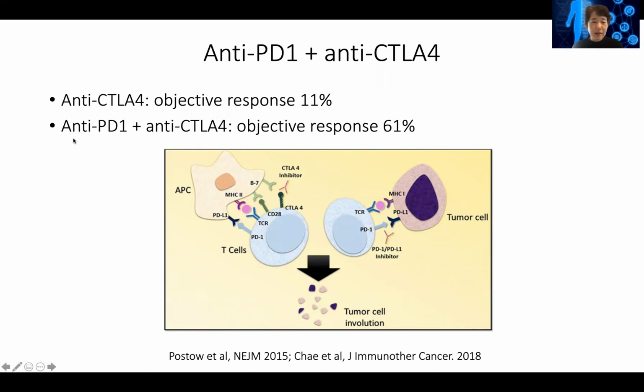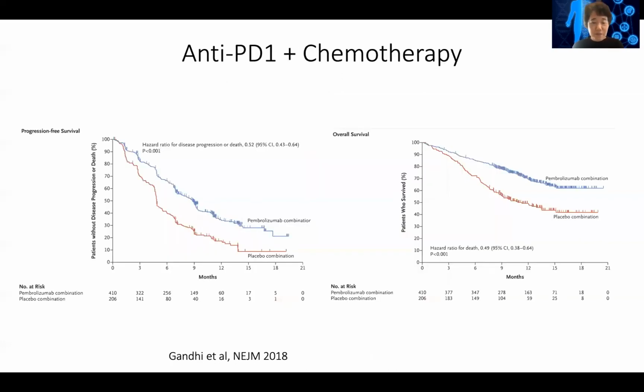But when you combine PD-1 with CTLA-4 together, two drugs, the response rate is 61%, much, much better. Because CTLA-4 and PD-1 are complementary mechanisms. Each makes the tumor environment a little better and more activated for the T cells.